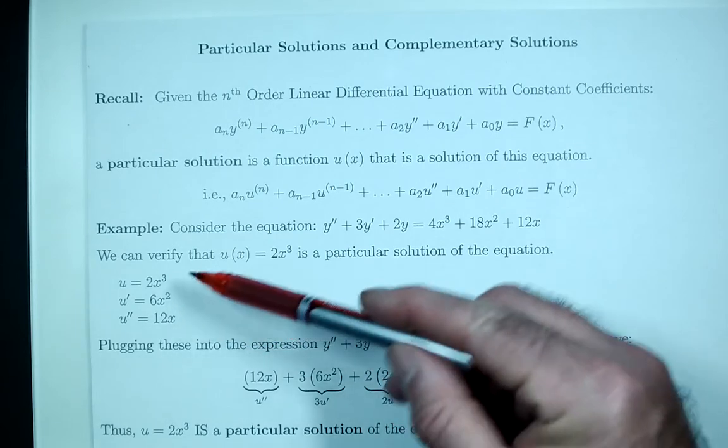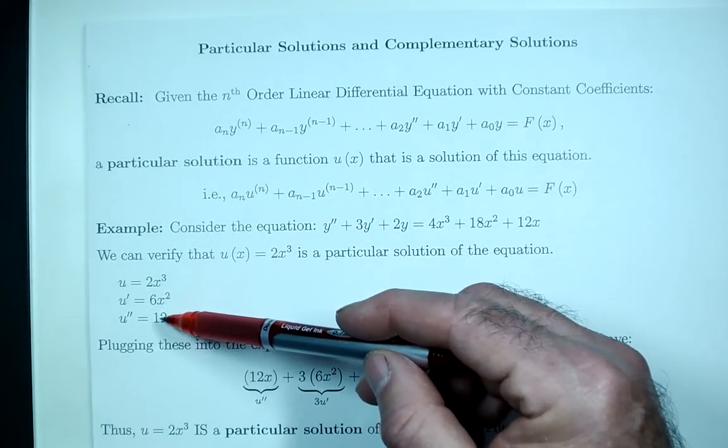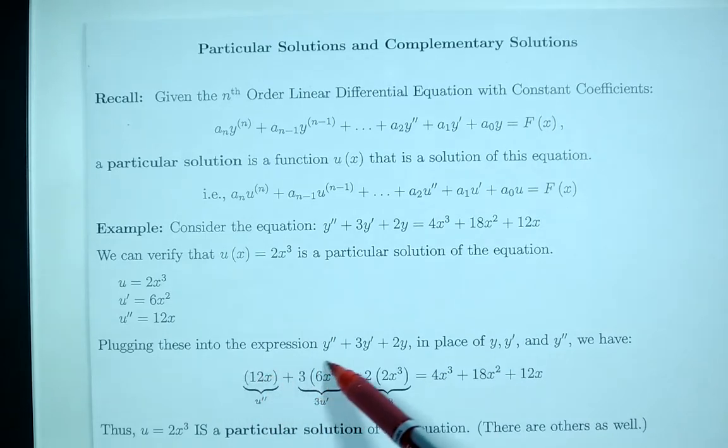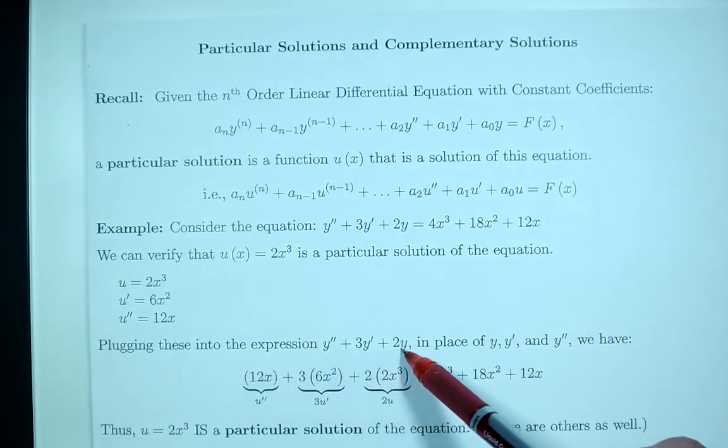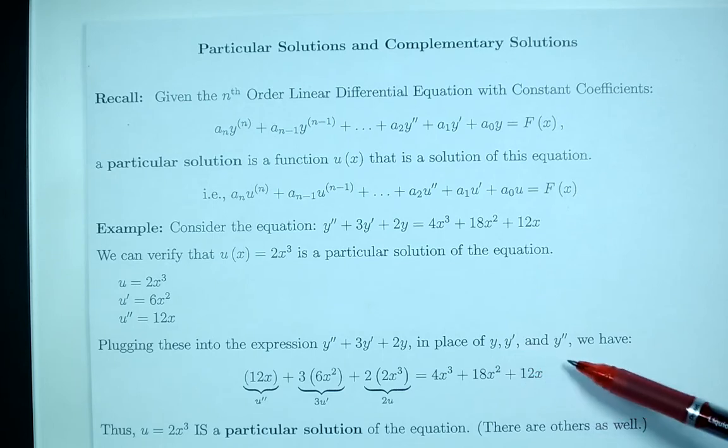So we're going to take u prime and u double prime, and plug these into the expression y double prime plus 3y prime plus 2y in place of y prime and y double prime respectively.